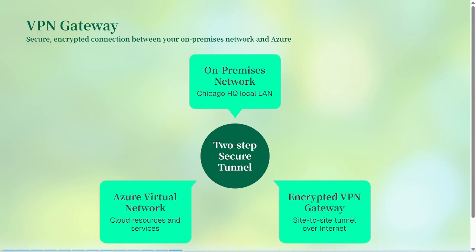When employees log in from the office, an encrypted VPN tunnel is established between the company's network and Azure. To the employees, it feels exactly like the applications are still running inside their office network, even though they are actually hosted in Microsoft's Azure data center. All communication is encrypted, ensuring sensitive payroll and employee data remains secure while traveling.